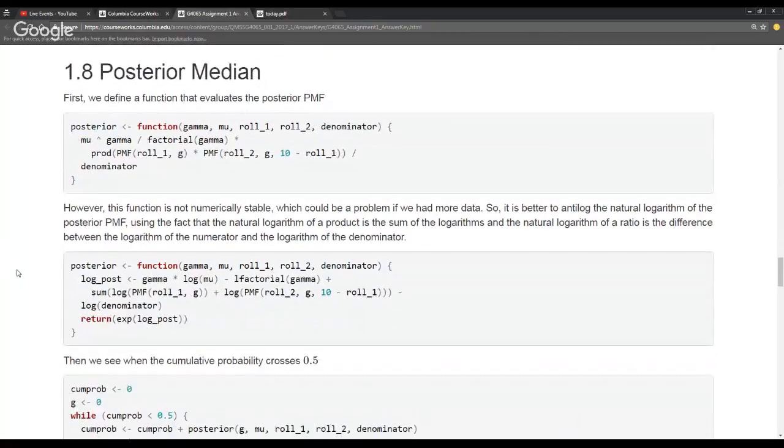So people had a little bit of trouble with this one as well, but pretty much all you had to do was construct the left-hand side of Bayes' law by dividing the 2 pieces, and then evaluate it at 0, evaluate it at 1, evaluate it at 2, evaluate it at 3. When the cumulative probability of all those added together crosses 0.5 for the first time, that's the posterior median.